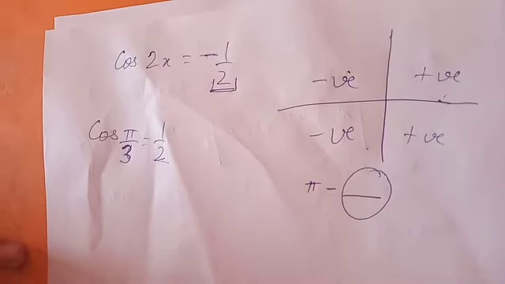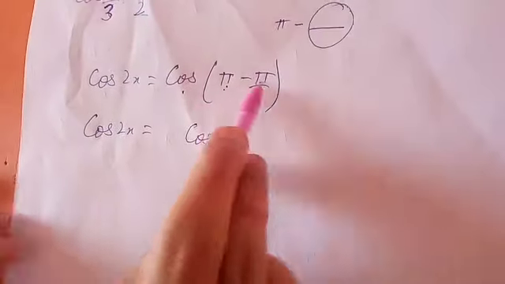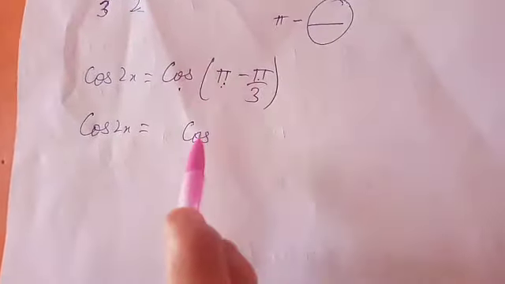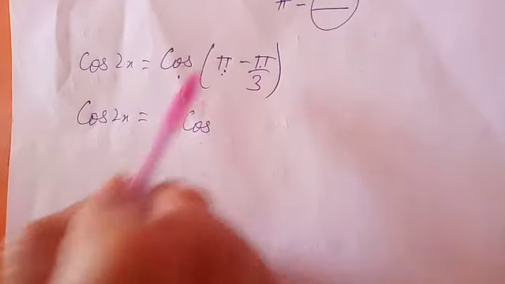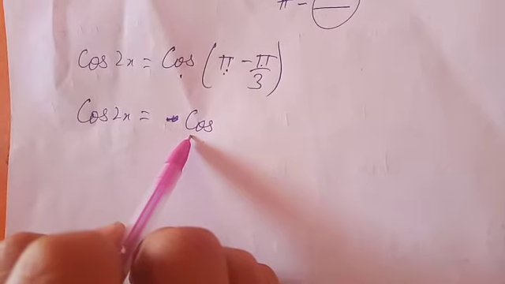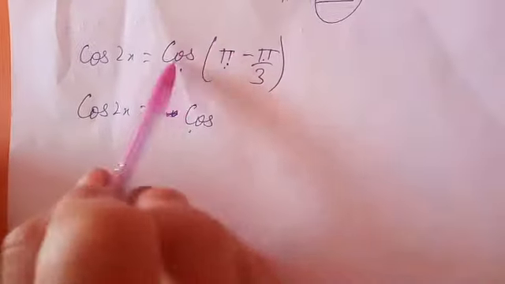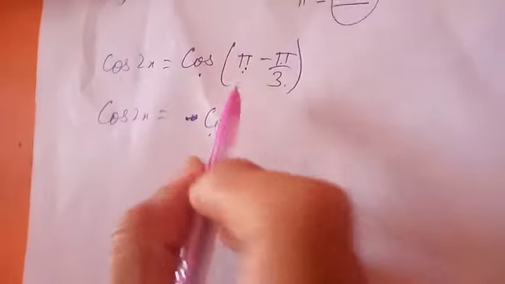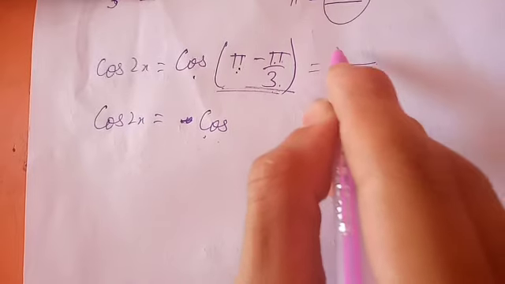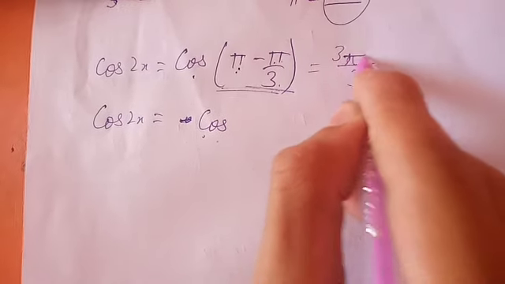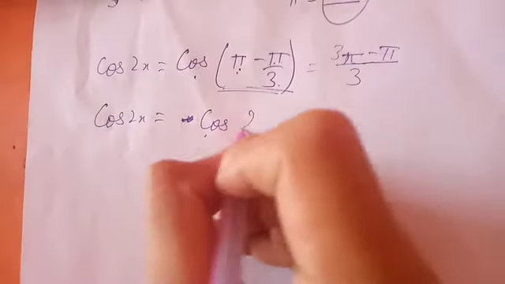At pi the phase does not change, so we get cos again, and in the second quadrant cos is negative, which gives the negative sign. So what will be our angle here? Pi minus pi by 3, taking LCM, 3 pi minus pi, that becomes 2 pi by 3.